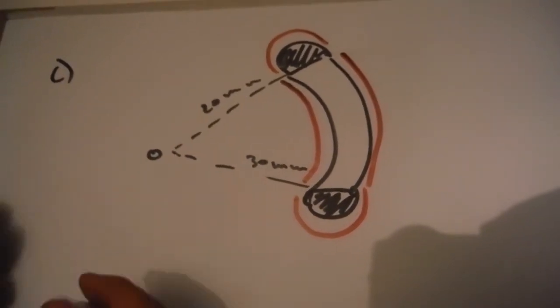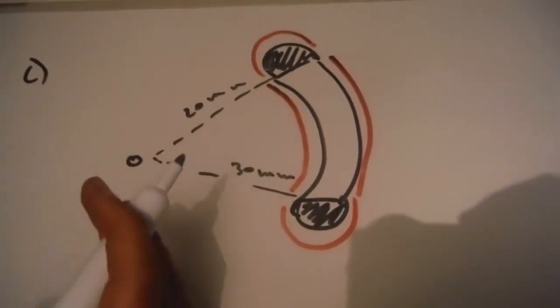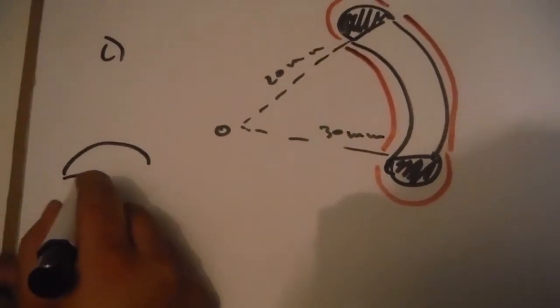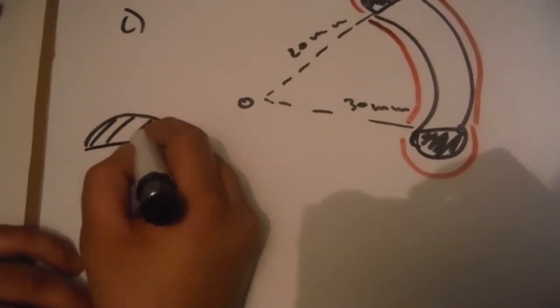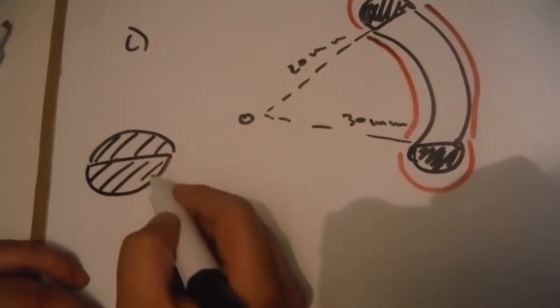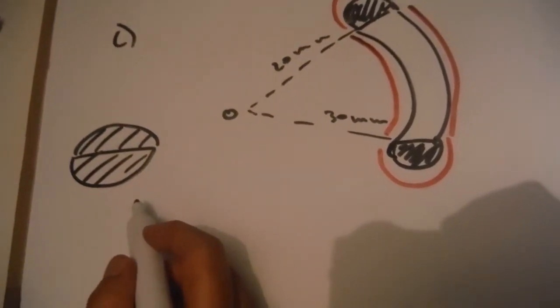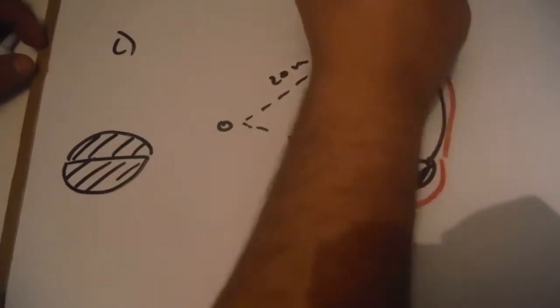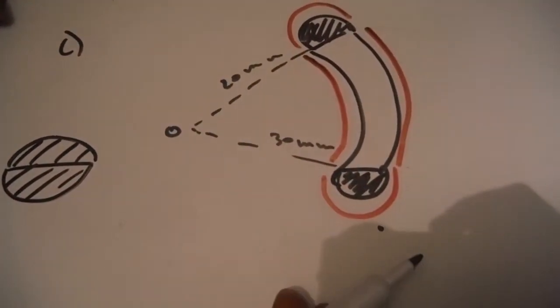Bear in mind, if we put the two semicircles together, they make a full circle. So if we work out the circumference of the whole circle, we're going to get the circumference of this side and that side, exactly what we want.